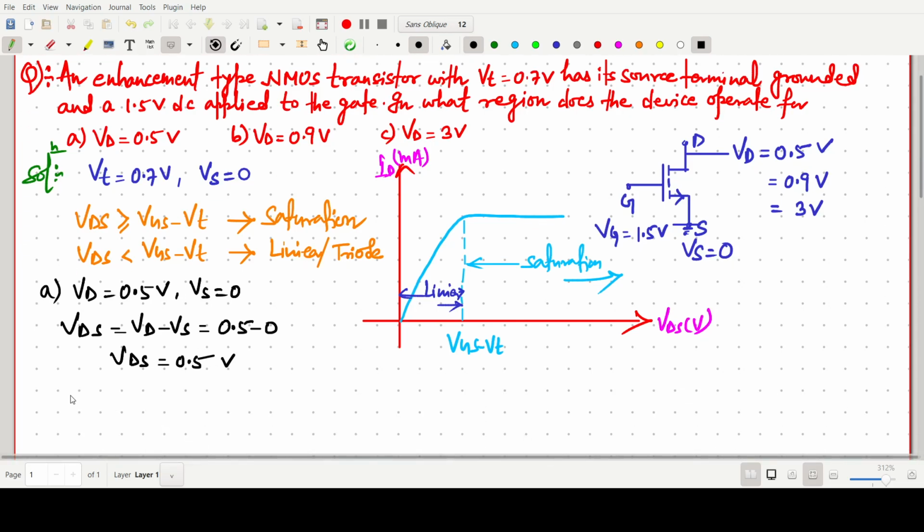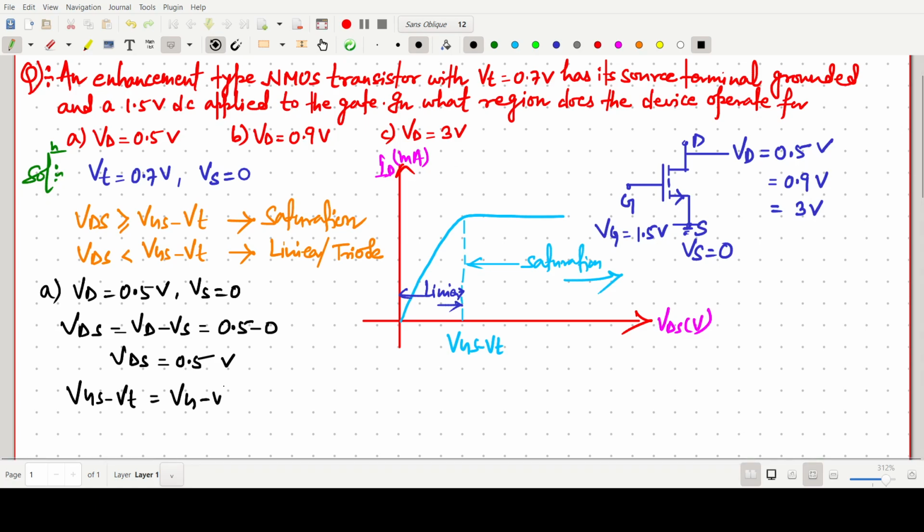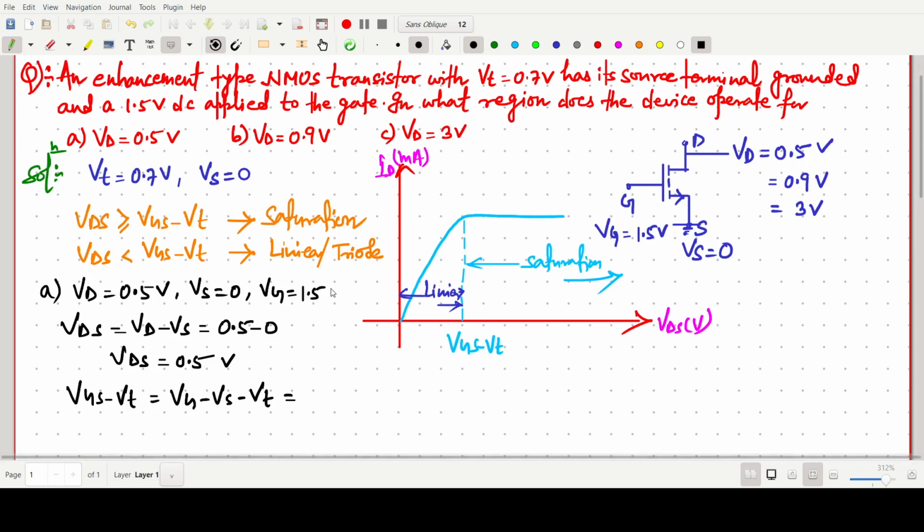Now we have to find VGS minus VT. It should be written as VG minus VS minus VT. VS is grounded and VG is 1.5 volt, as clearly mentioned.